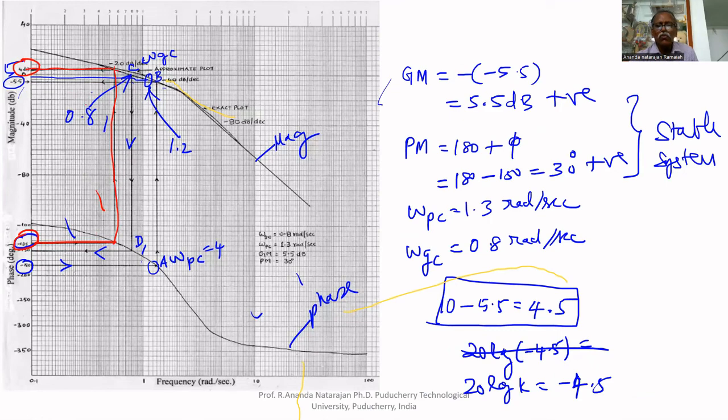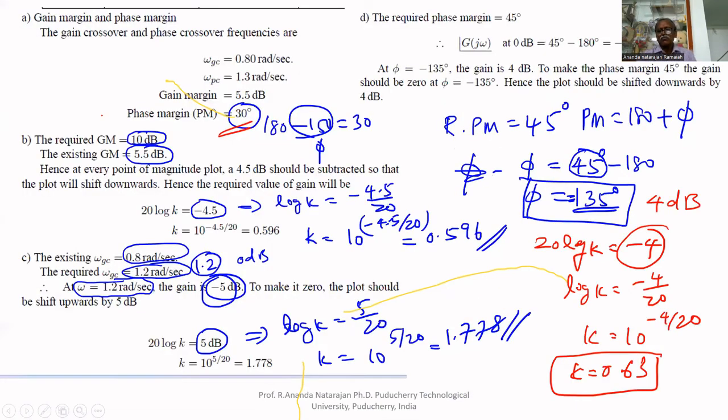We have to make 4 equal to 0. To make 4 equal to 0, the gain required is minus 4 dB. If you didn't understand the logic, you can think that to increase phase margin, we have to decrease the gain. So, 20 log K equal to minus 4. Therefore, K equal to 0.63.